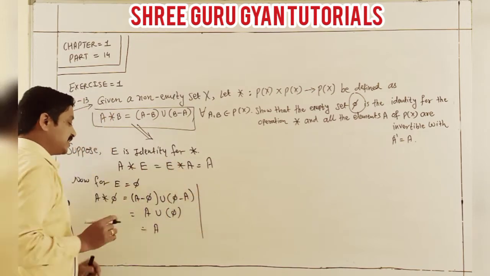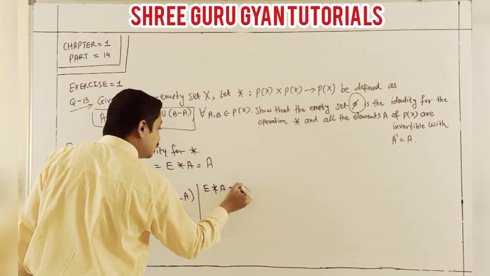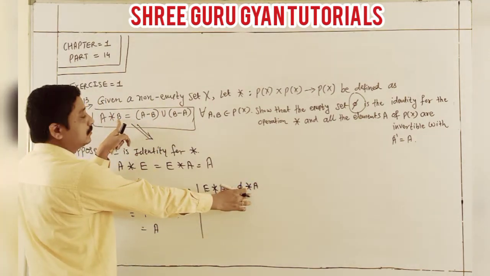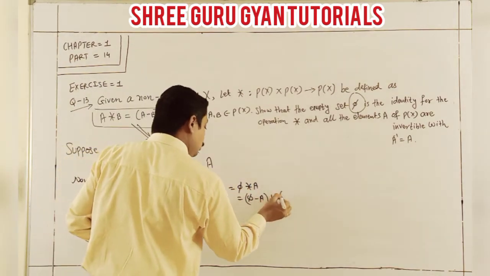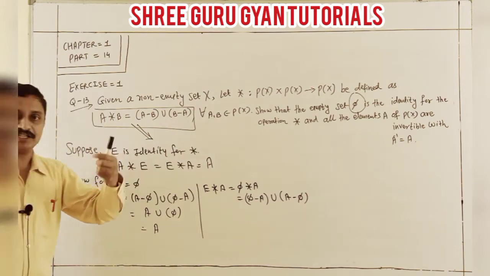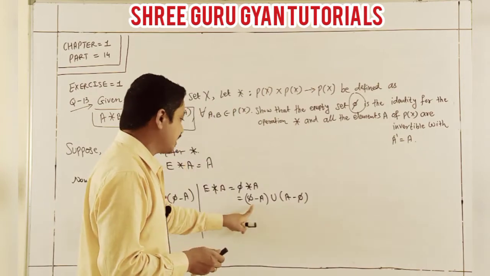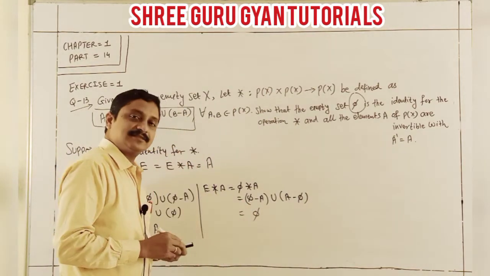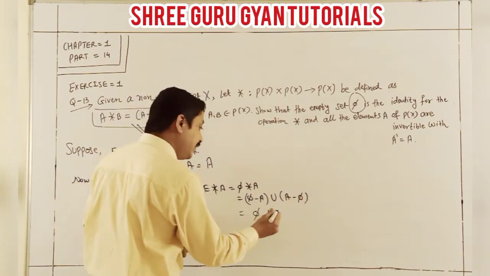Similarly I check the second property, E binary A, which means null set binary A. Apply the definition again: null set minus A, which is the null set, union A minus null set, which is A. So what answer do you get?